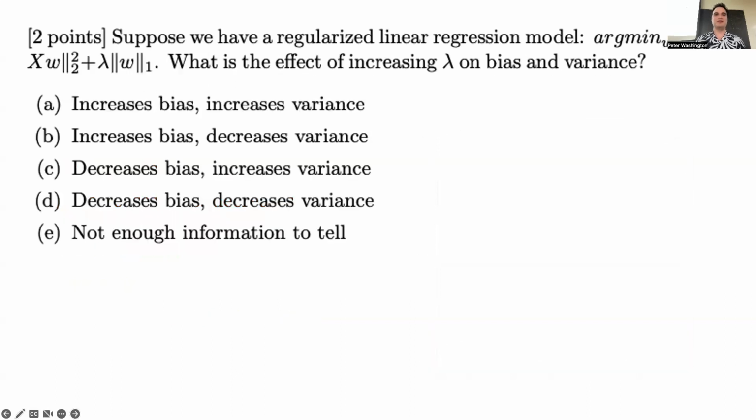Okay, here's a question from an actual final exam from some other school. Suppose we have a regularized linear regression model, and then the equation for linear regression. What is the effect of increasing lambda on bias and variance? What is the 1 and the 2 in the subscript?